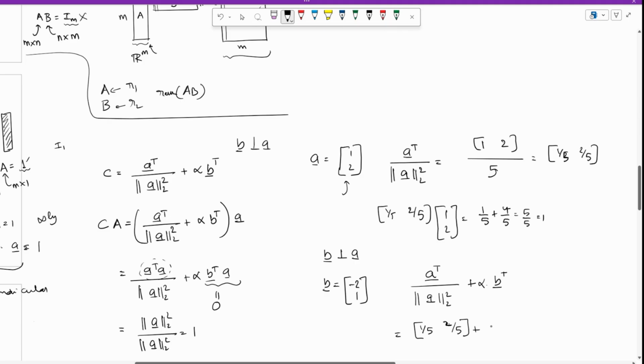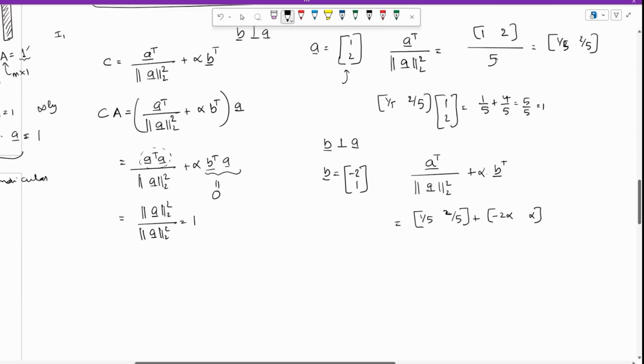And this alpha times B transpose will be minus 2 alpha, alpha. So I will have 1 by 5 minus 2 alpha, 2 by 5 plus alpha.